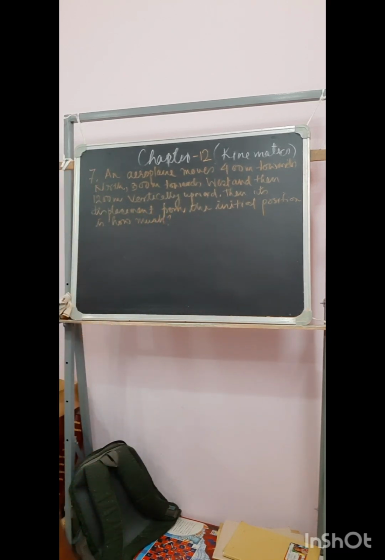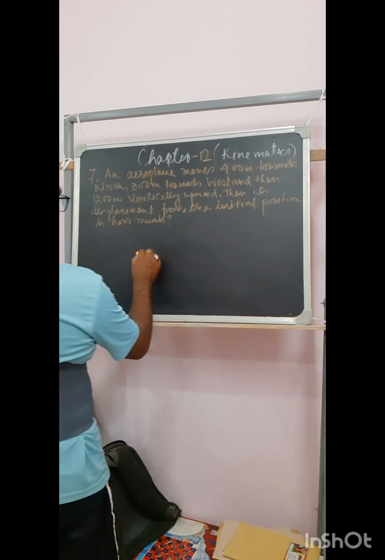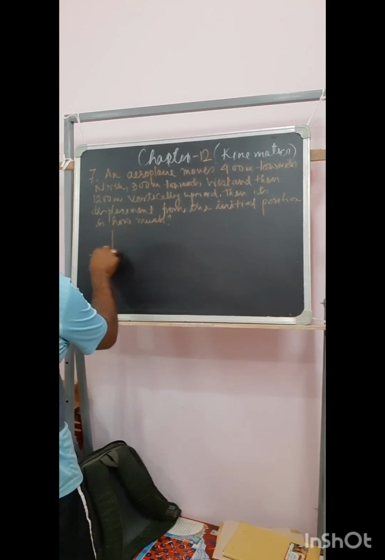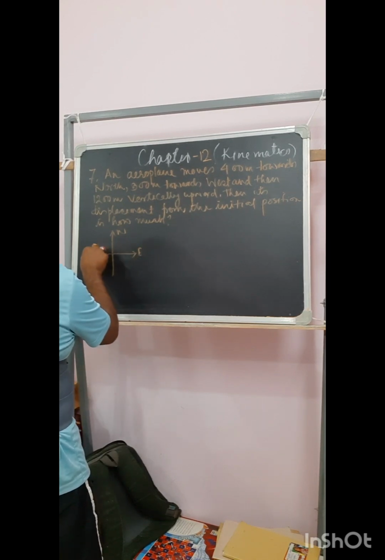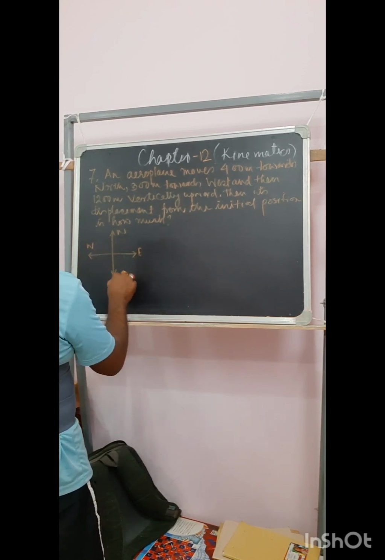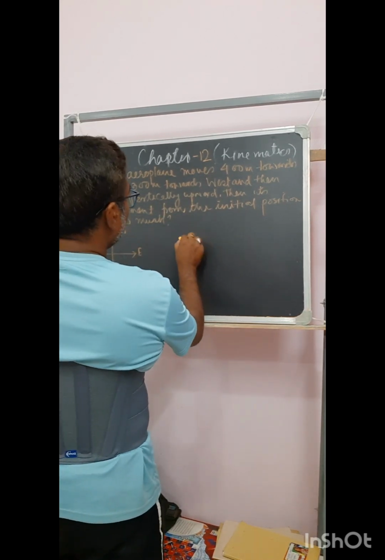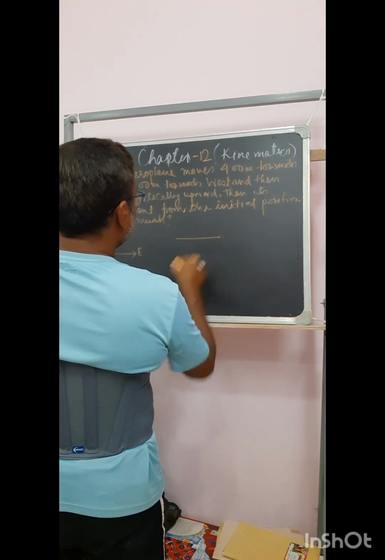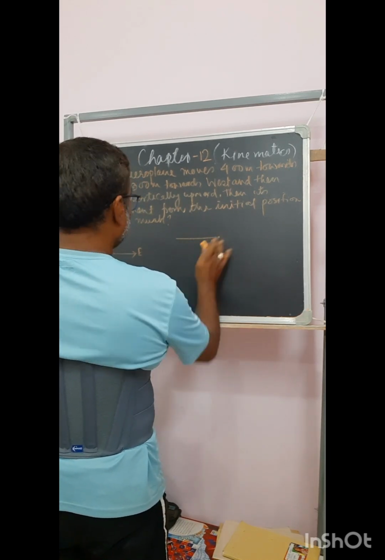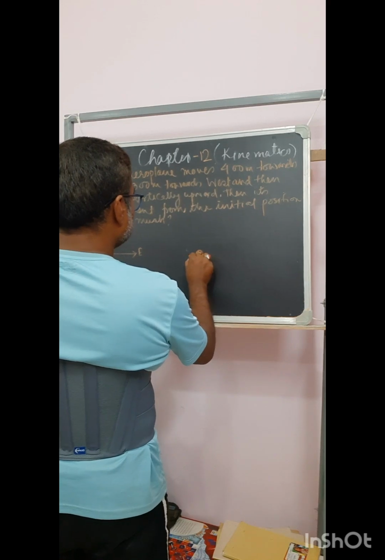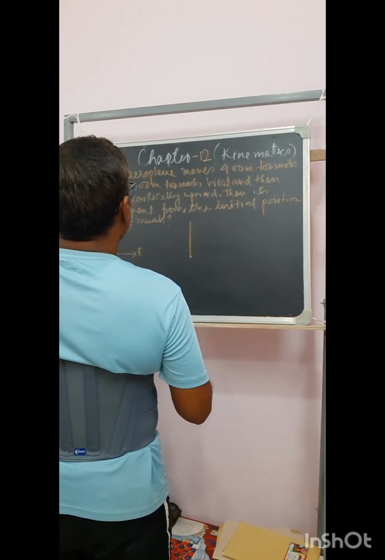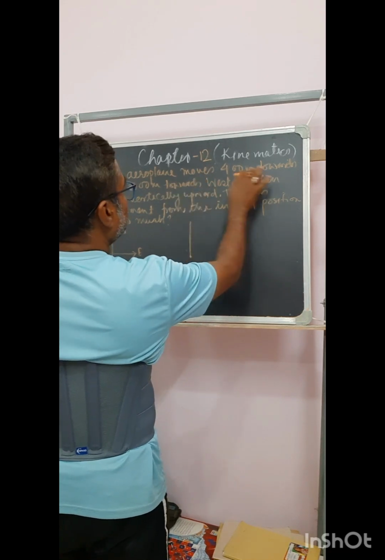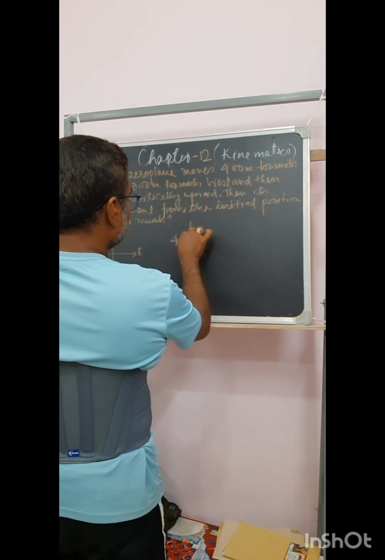So an aeroplane moves 400 meters north. Now you know the directions. This is north, this is east, this is west, this is south. Sorry, this is 400 meter north.